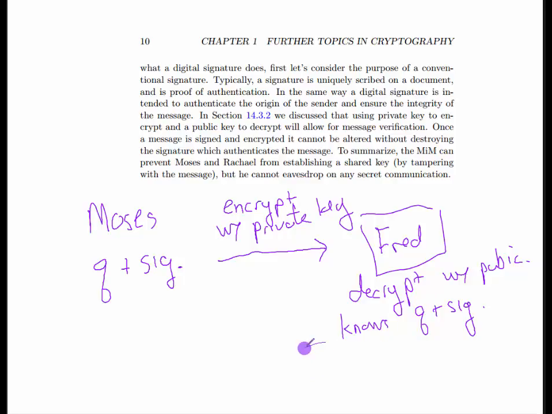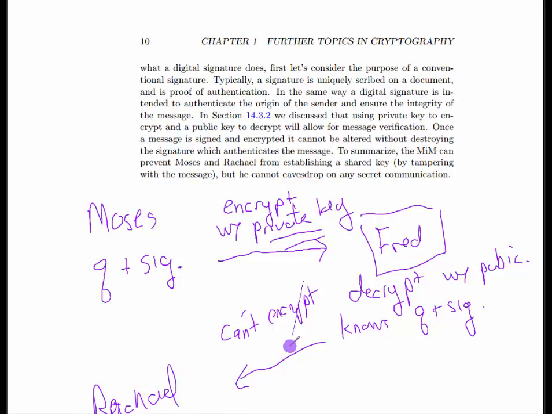But the problem is, he doesn't have the private key. So he can't encrypt. He can't take this Q and change the signature and encrypt it again. So there's no way that he can send false information to Rachel. He can't do that. So there's no way he can put himself in the middle between Moses and Rachel.